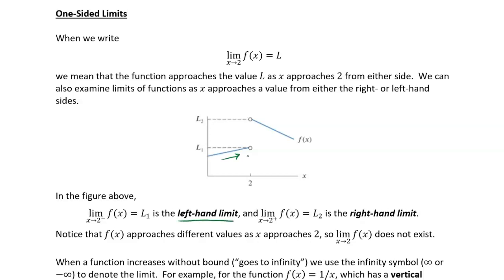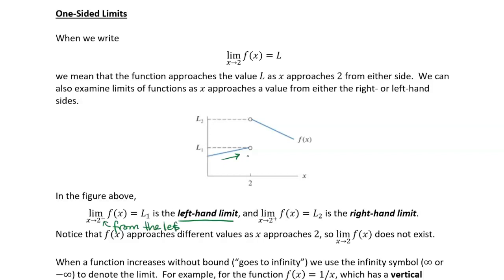The notation that we use for that is the limit as x approaches 2, but then we have a negative superscript. It's negative because we're approaching from the negative side of the axis. The negative values are to the left. So we're using the little negative superscript to indicate that we're approaching the value from the left.